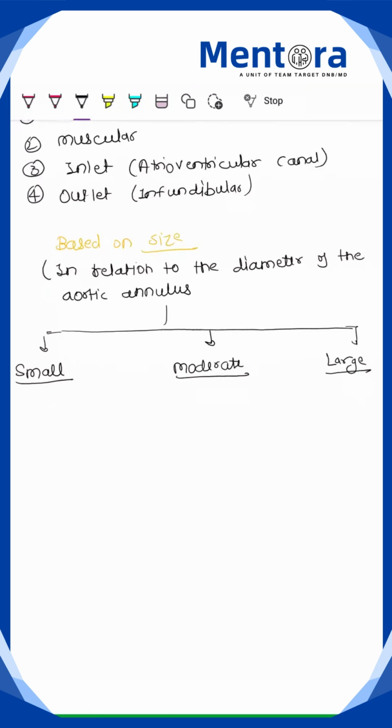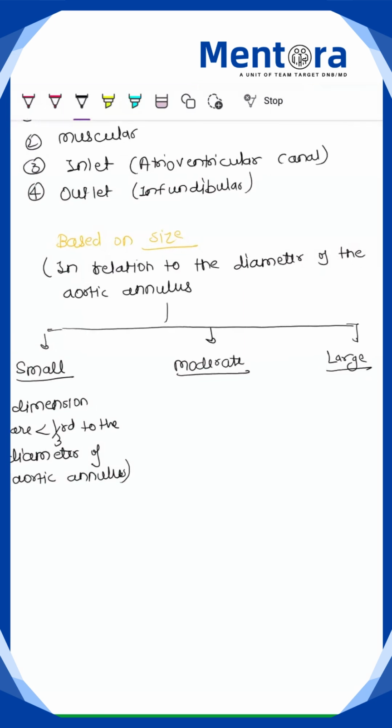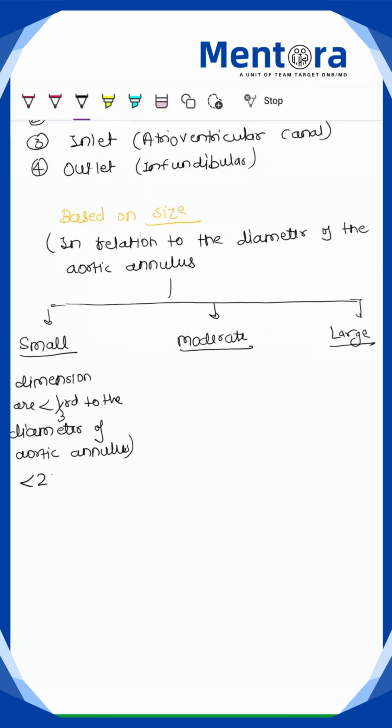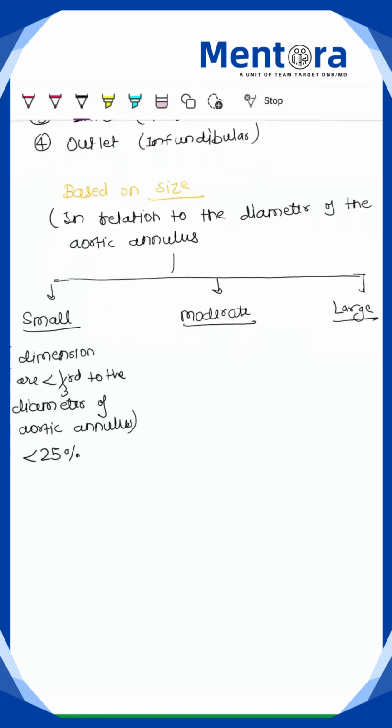In small, the dimension of VSD is less than 1/3 of the diameter of aortic annulus. Or we can say it is less than 25% of the diameter of aortic annulus.